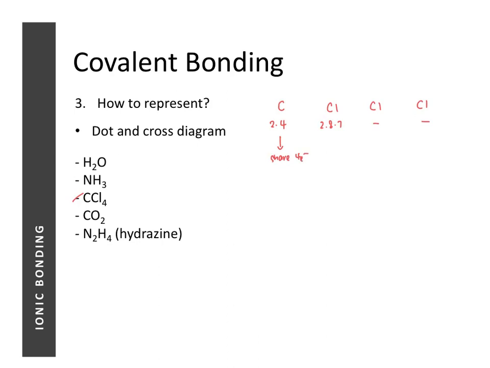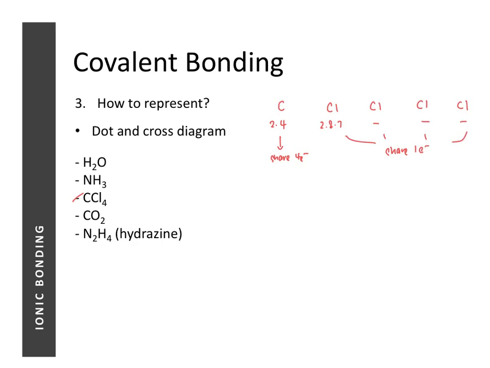And then if we look at the 4 chlorine atoms, each one of them will need to share 1 more. Remember for non-metals, for group 4 to group 7, they need to gain 8 minus the group number of electrons. So chlorine needs to share 1.